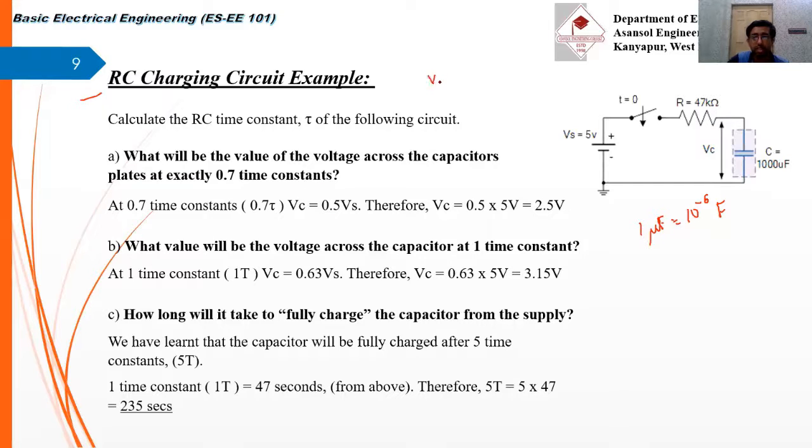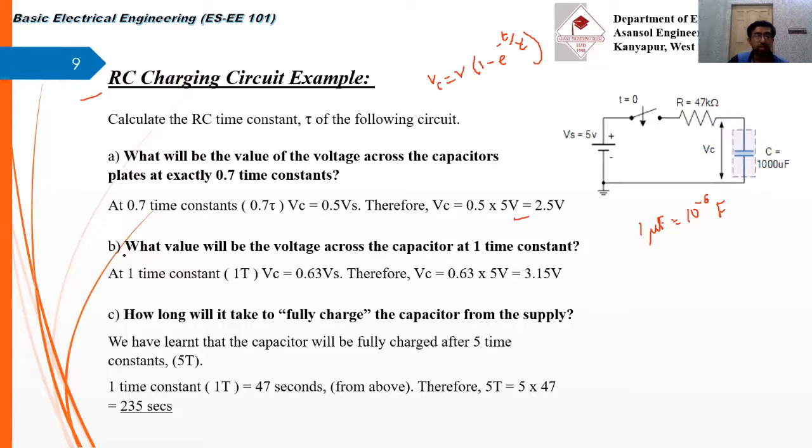Vc equals V into 1 minus e to the power minus t by tau. Okay. So put the value of t here, e to the power minus 0.7. So voltage you can get. So Vc equals 0.5 almost into 5 volt equals 2.5 volt.